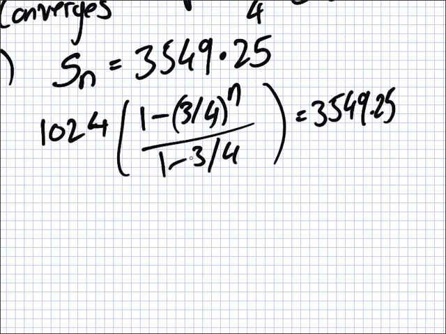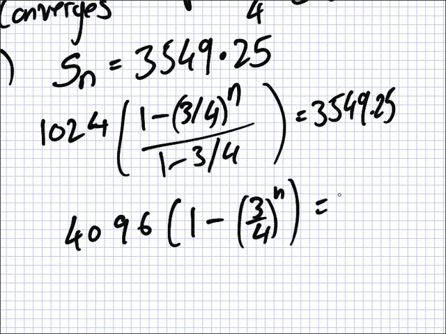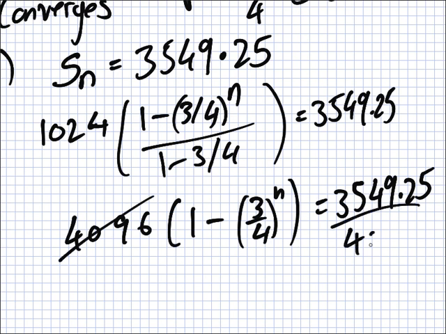Okay, 1 minus 3/4 is 1/4, so that's 4096 times 1 minus 3/4 to the power n equals 3549.25. So divide by 4096.